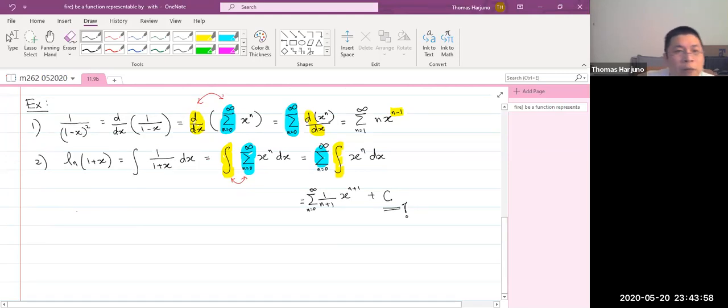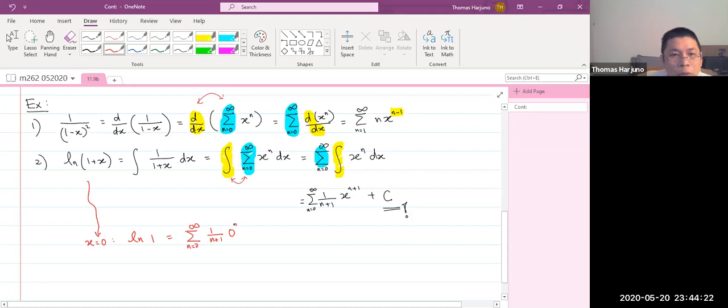Now, how do I find that constant? To find that constant, you choose an x. Usually we choose a nice x. For example, for x equals 0, I will get ln 1 equals the summation of 1 over n plus 1 of 0 to the n plus 1 plus constant.